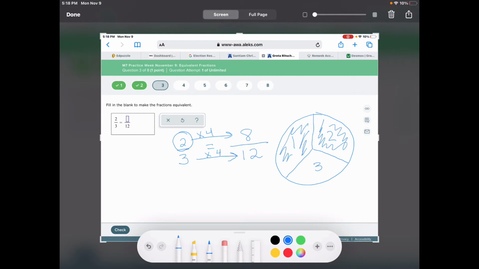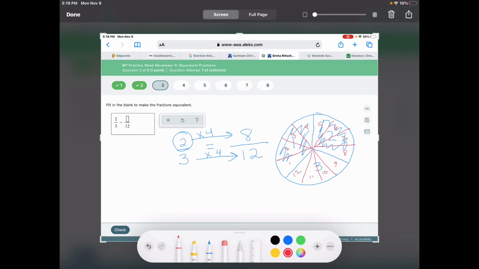So let's say I have 2 pieces out of 3 pieces, and then each of these pieces gets made into 4 more pieces. 1, 2, 3, 4. 1, 2, 3, 4. Now I have 1, 2, 3, 4, 5, 6, 7, 8, 9, 10, 11, 12 pieces.